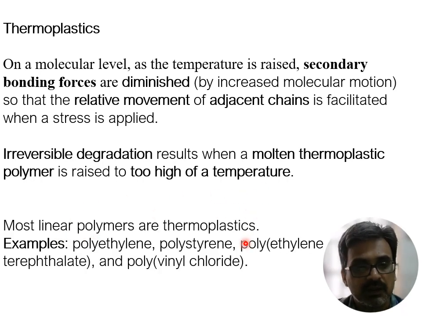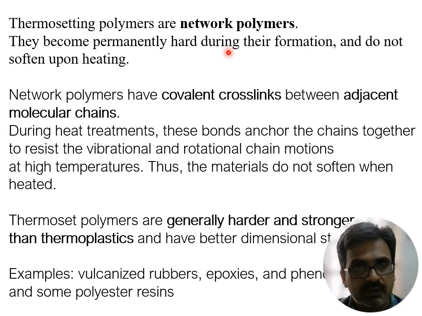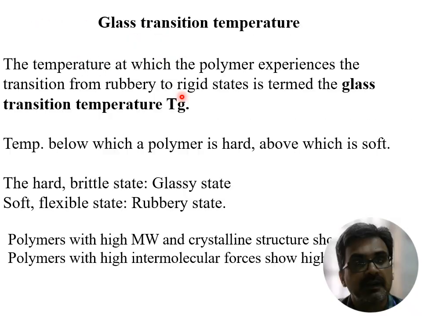A lot of linear polymers are examples of thermoplastics. In the case of thermosets, they develop network polymers with extensive crosslinks and covalent bonding, and are generally harder and stronger compared to thermoplastics. For example, several rubbers, epoxides, and phenolics are typical examples of thermosetting polymers.